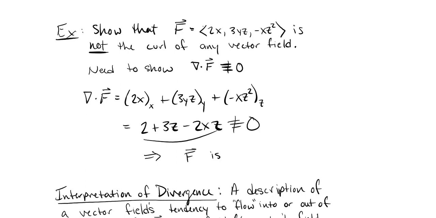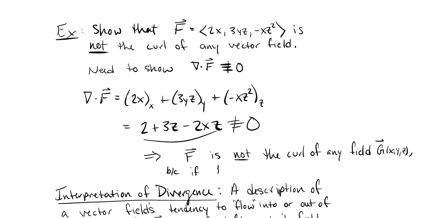This implies F is not the curl of any field. Let's say it this way to make it clear, of any field G, because if F equaled the curl of G, then the divergence of F is the divergence of the curl, which would have to equal 0 by the theorem.